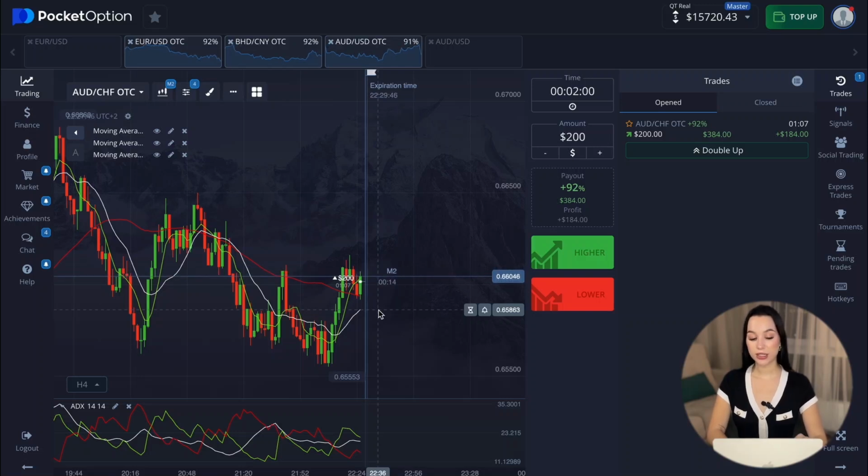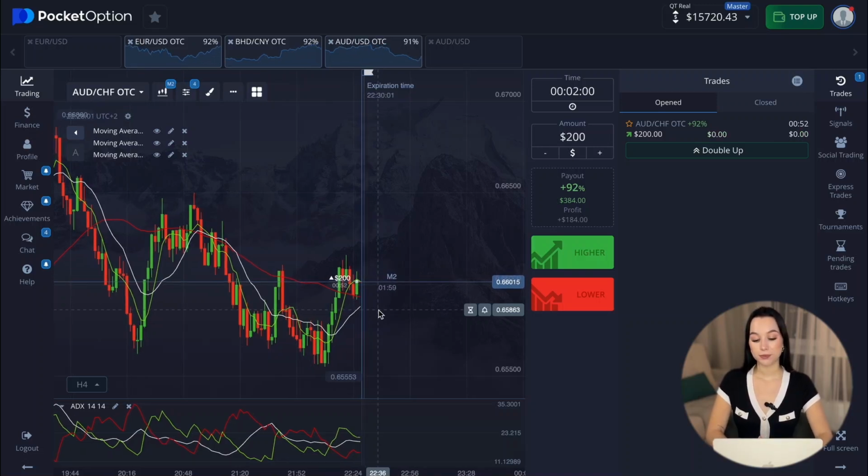We can see that the green line of ADX, plus D, is above the red line of ADX, minus D. When we see that, it means the upward trend is stronger right now, and the buyers are winning. They are stronger than the sellers. So that's why we understand that we can open a trade up.